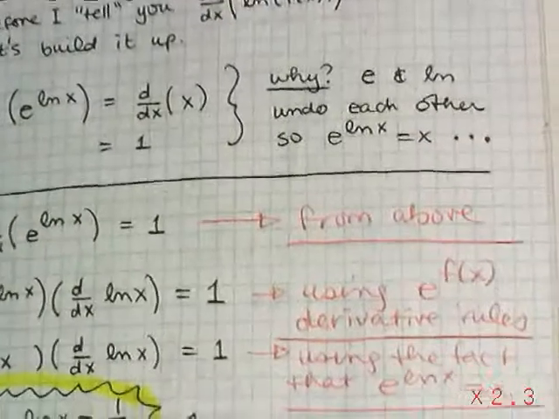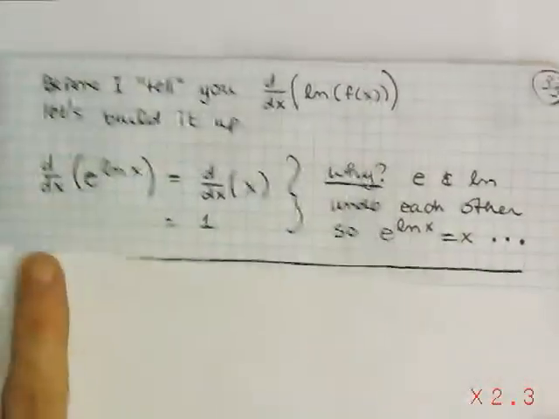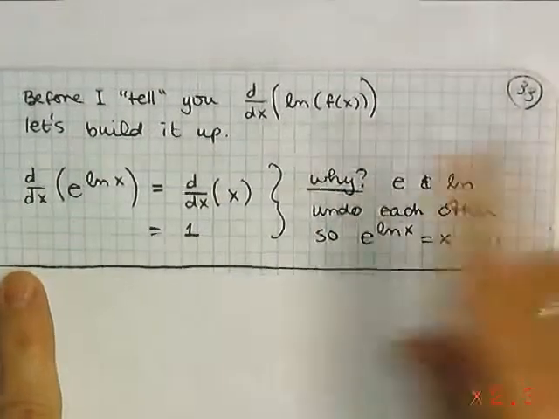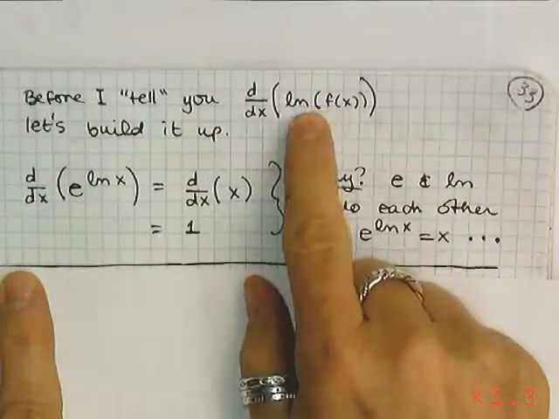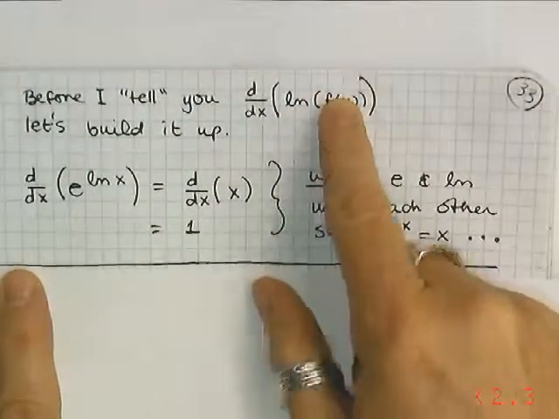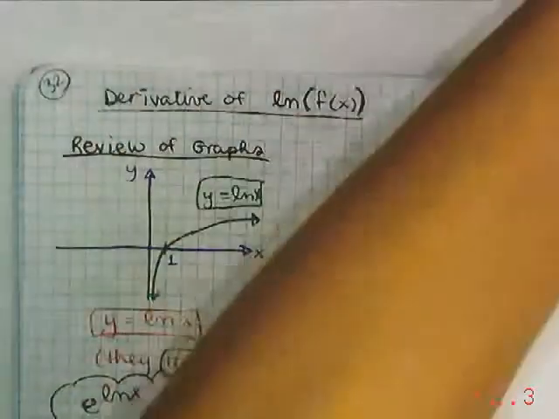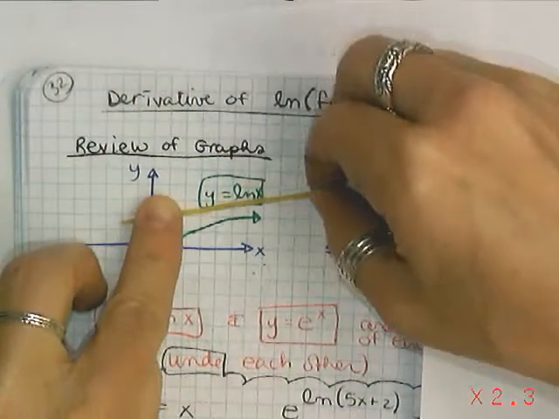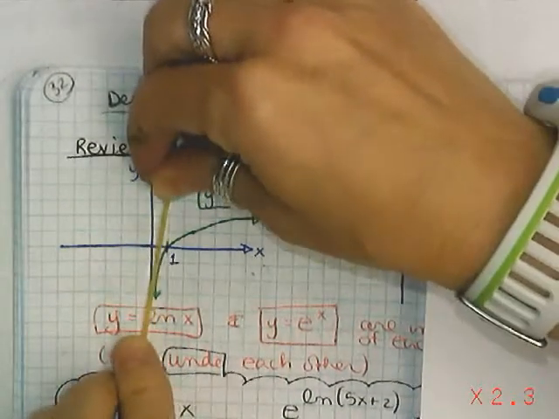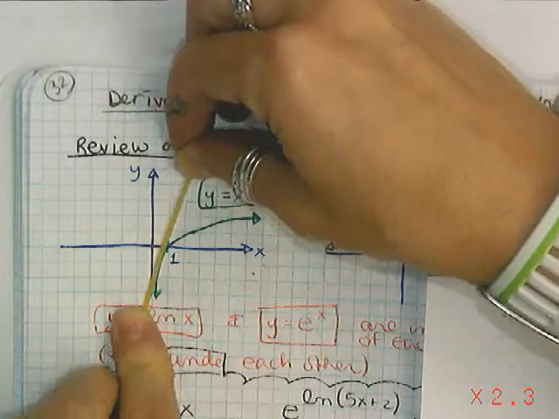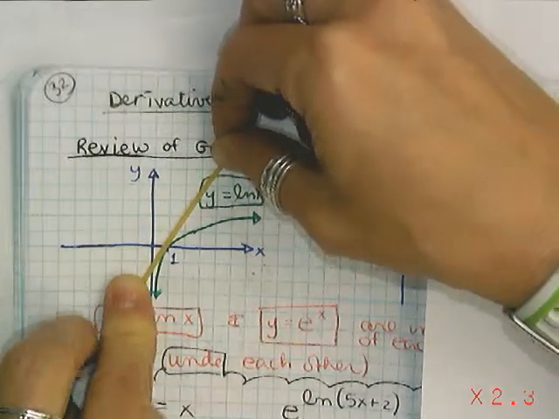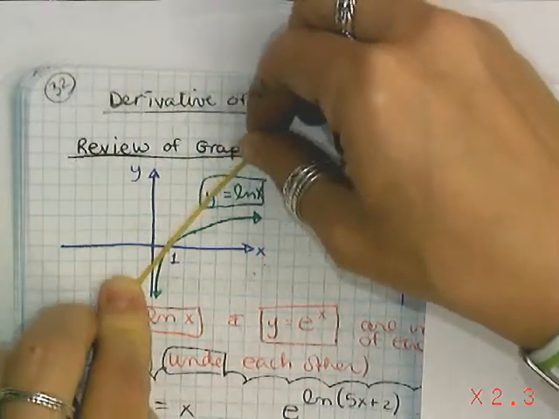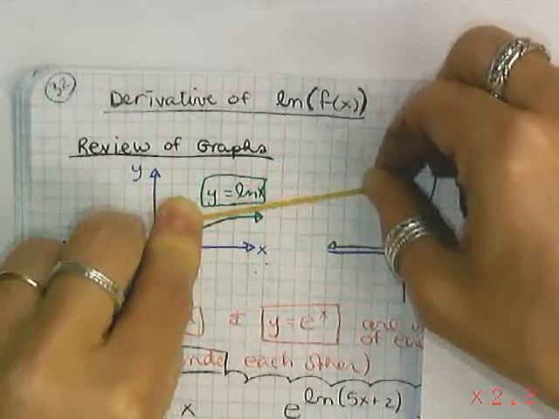Before I tell you what the derivative is, this is what we're shooting for today. What's the derivative of ln of some function? Let's make some connections here. The derivative is just the slope of the tangent line. So it's going to be something really largely positive. It's going to still be positive, but a smaller slope, smaller, smaller, smaller.